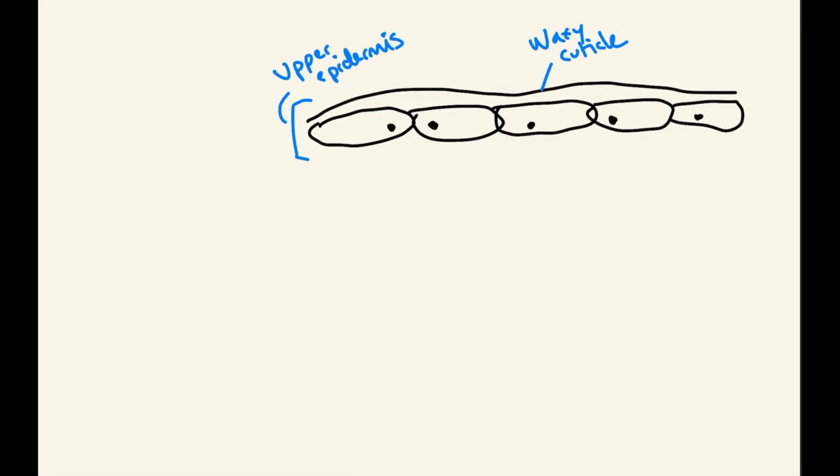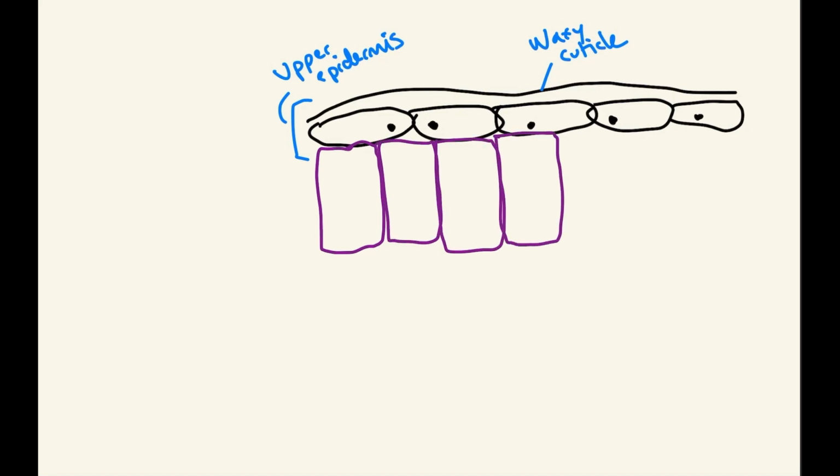Now, under these, we have what's called the palisade mesophyll layer. And these are shaped like this. They're stacked together in this rectangular pattern right underneath the upper epidermis.